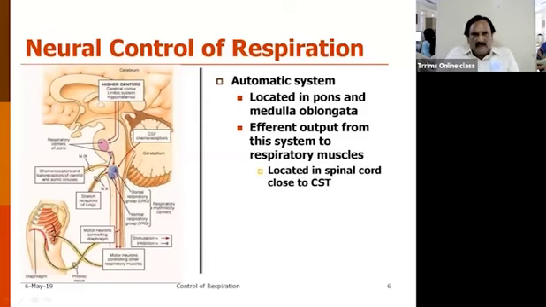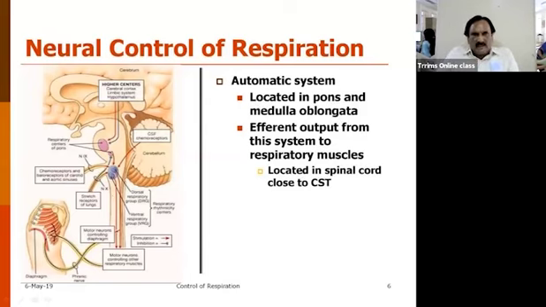We'll discuss again in the next class when I'm dealing with the chemical control of respiration. So when the lungs are stretched, the receptors will carry information to the respiratory centers. So normally under quiet resting conditions, the inspiration and expiration go on normally.